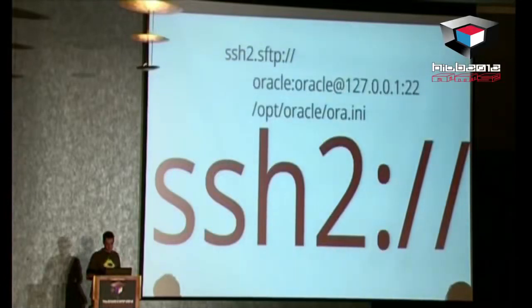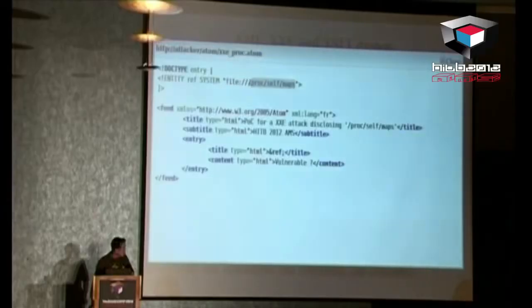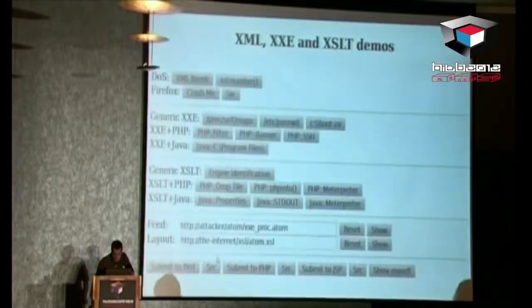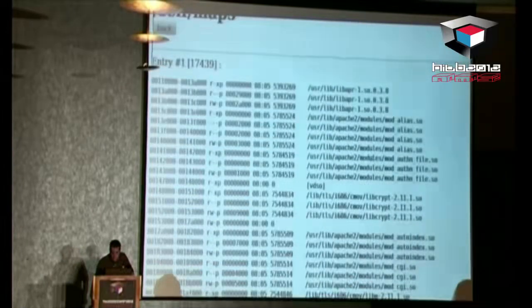And I have a demo using the local root account. So here it's very simple. We refer to the self maps file in the proc pseudo file system. So under PHP, as we can see, we are in an Apache 2 process.